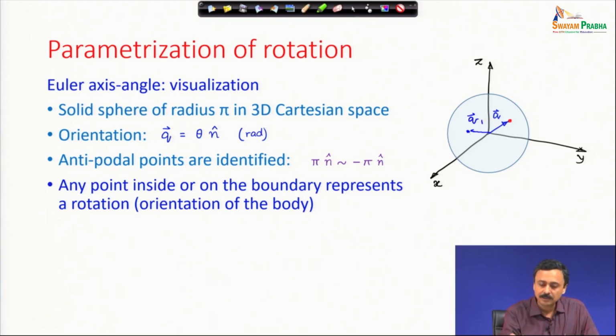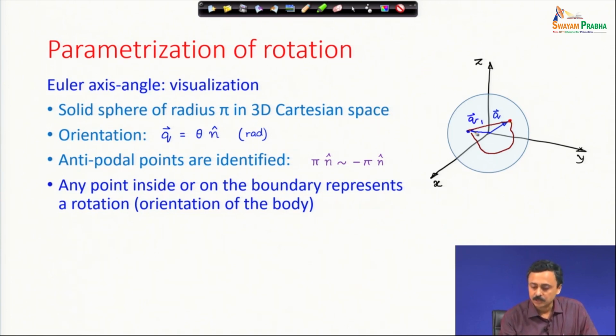Now, any path joining these two orientations is a change of orientation path. It could be a straight line. You can think of other paths.